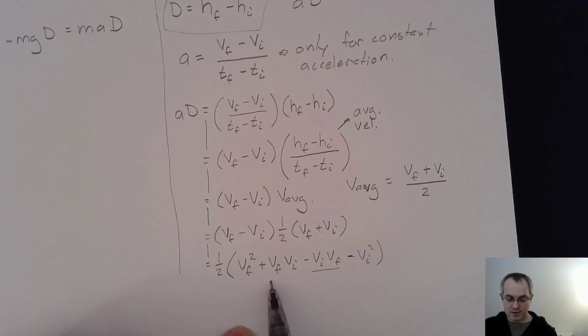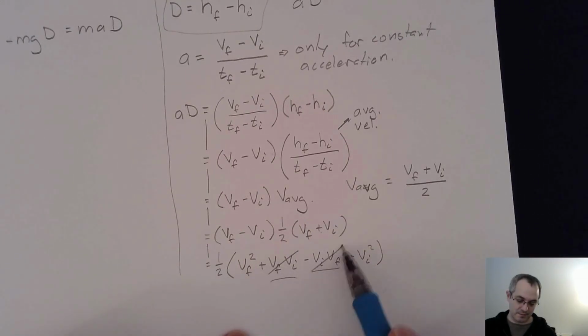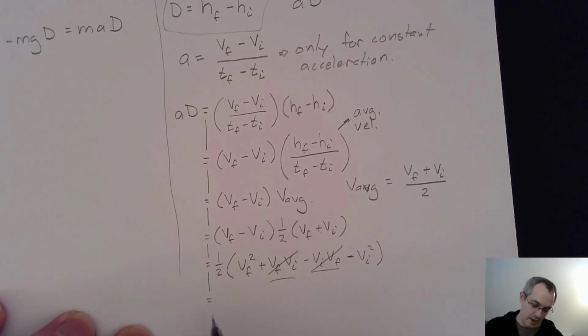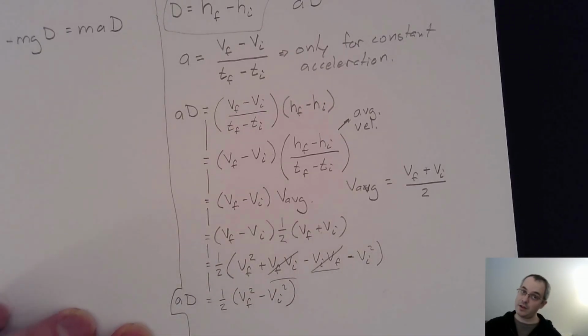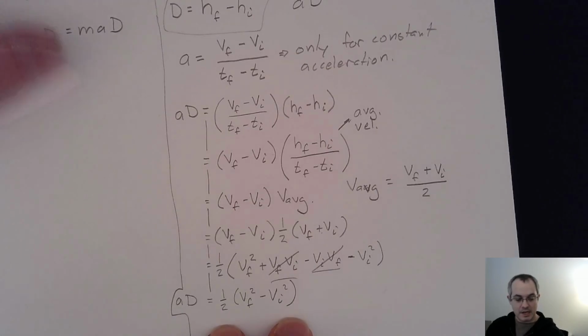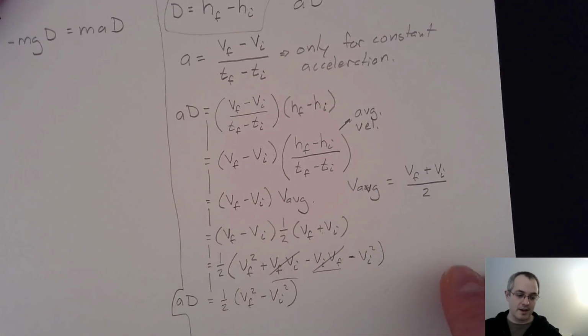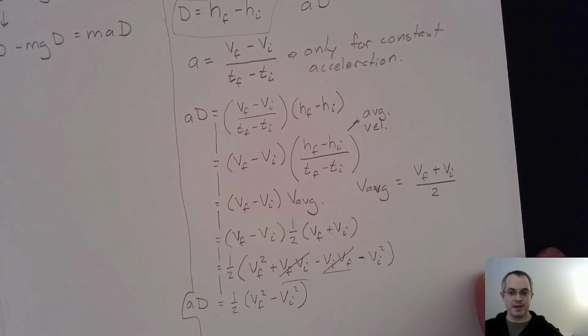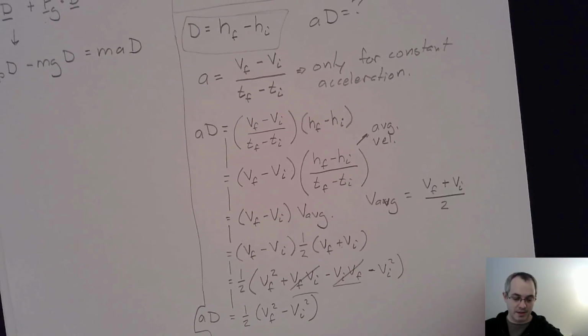These two terms here are the same, so they cancel out. And we end up with 1/2 Vf squared minus Vi squared, and that is a d. Hopefully you're recognizing that this kind of looks like kinetic energy, right? We at least have a little velocity squared in there. So that's kind of fun, right?